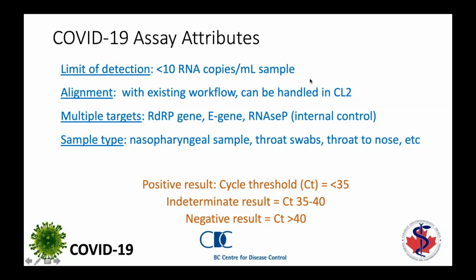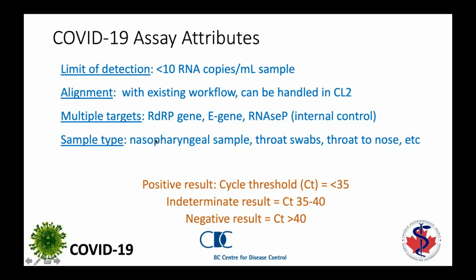And also the assay needs to be handled in a regular laboratory and not one of these high-risk containment level 3 or containment level 4 laboratories. The virus is considered containment level 3 in pure culture. So our assay targets multiple genes, the RdRp, the E gene, and very importantly, the RNase P, which is the internal control that is an indicator of sample quality.